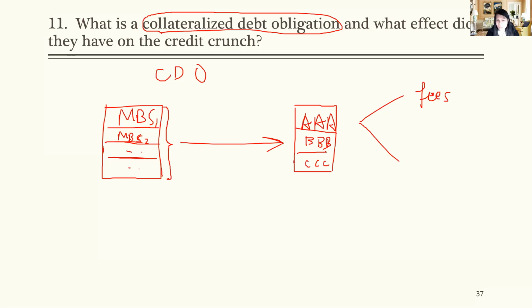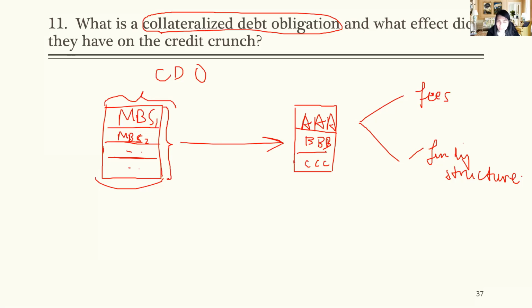Their funding structure is also similar. They use commercial paper to buy the securities in their portfolio, and then they sell to investors. So funding structures are similar as well. Essentially, even though CDOs hold a portfolio of securities, these securities are written on mortgages.